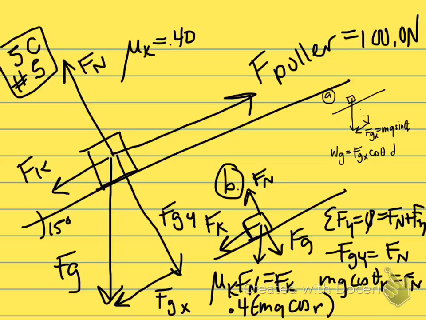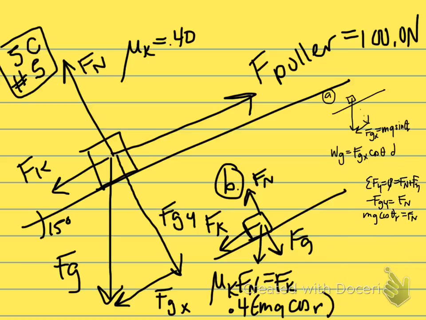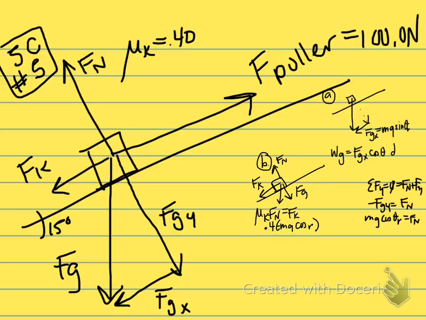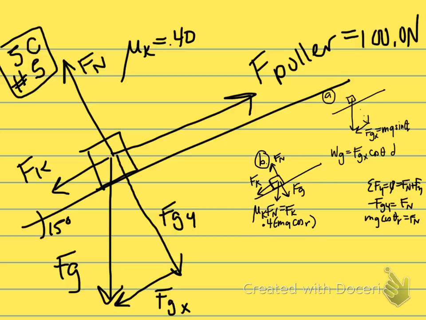Oh, I'm sorry, yeah, negative of. So that gives you your force of kinetic friction. And let me shrink a bunch of this junk. What that means is that the work done by kinetic friction is equal to the force of kinetic friction cosine theta d.